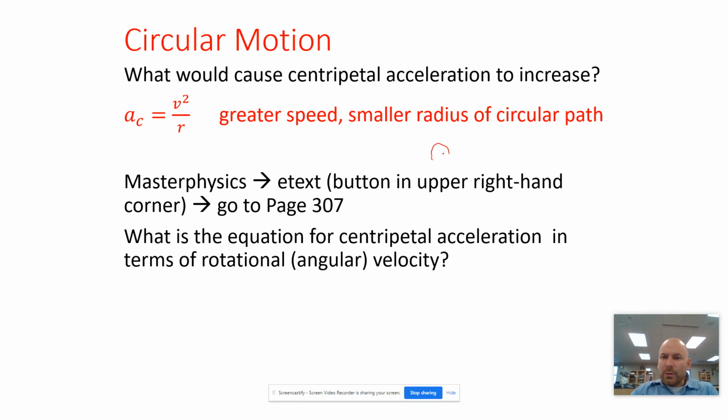A tighter circle would be a small radius versus a bigger radius. The smaller the radius, the faster you're changing your direction, the higher the centripetal acceleration. Then to connect centripetal acceleration and rotational velocity, you have another equation: centripetal acceleration is equal to rotational speed squared multiplied by the radius.